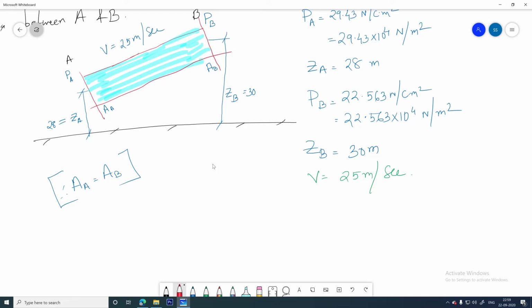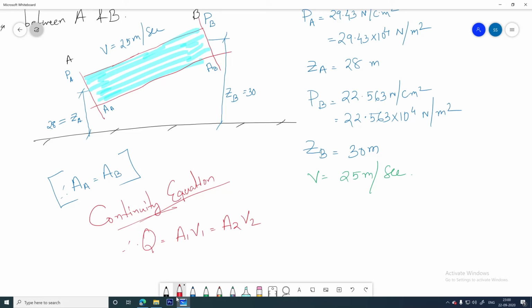Now as per the continuity equation, we know that Q, the discharge, equals A1 V1 equals A2 V2, equals A3 V3. That means A into V is equal to a constant.